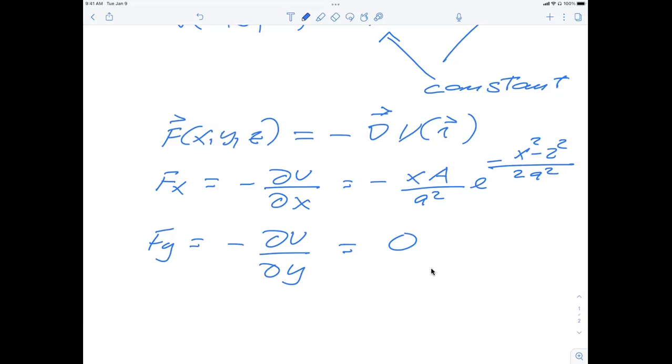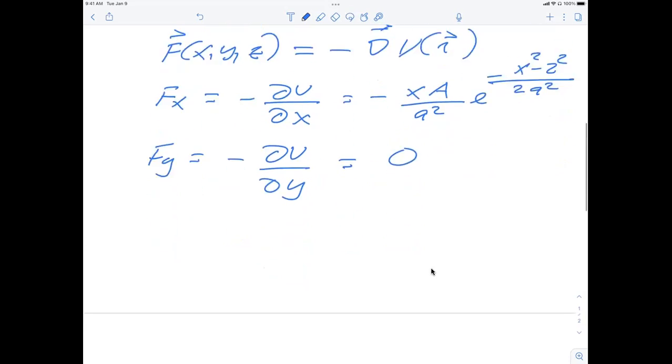Now, if you want to figure out whether this is a conservative force or not, whether energy is conserved, you need to calculate the curl of this force. So let me remind you of that.